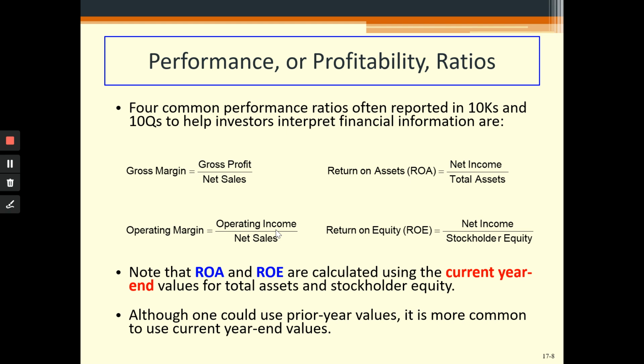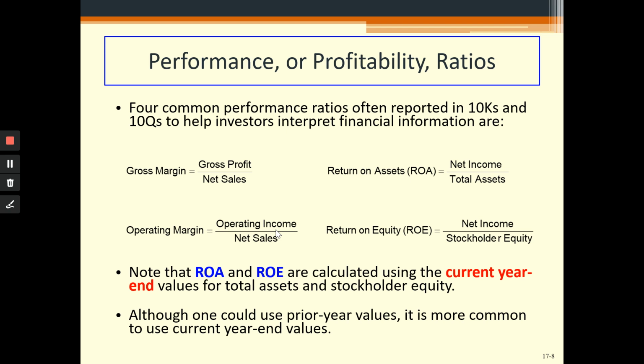And if this is say 7%, then it suggests that from each dollar of net sales, the company is saving 7 cents. After paying all these operating expenses and cost of goods sold, the company has 7 cents left, and from that 7 cents, they still have to pay the interest and the taxes.